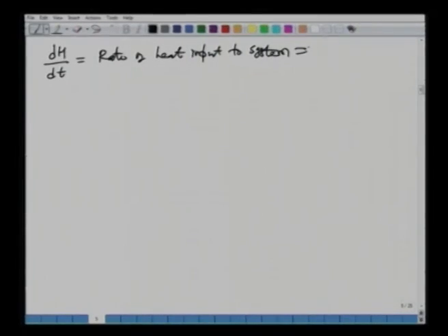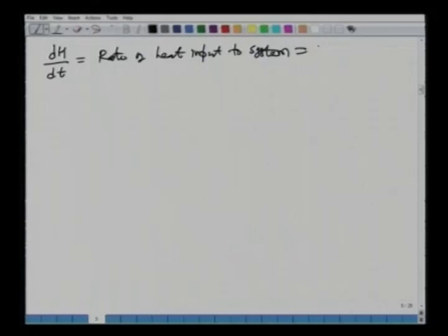Our system is this evaporation pan. So, how much is the net rate of heat input going into your control volume? In terms of the things we have, it is nothing but Rn goes in, minus Hs goes out, minus G, the heat loss to the ground.